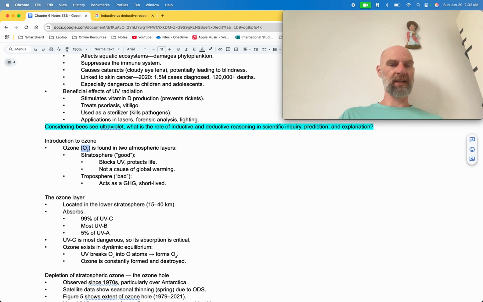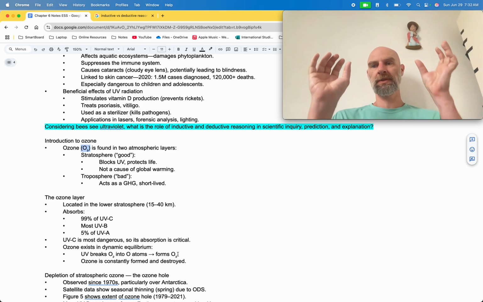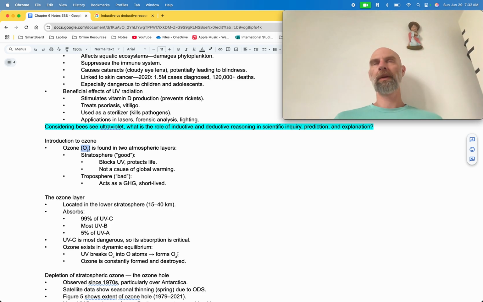Ozone exists in dynamic equilibrium. I need you to understand this. UV breaks oxygen into oxygen atoms, and it forms O3 from that because you've got these free oxygen atoms, and then it's real easy to recombine them.